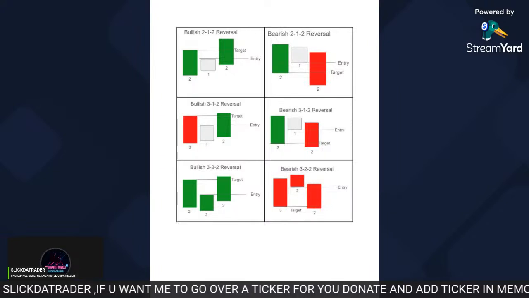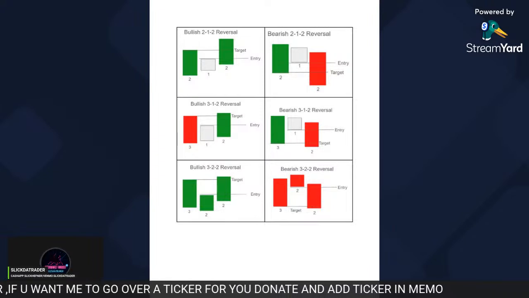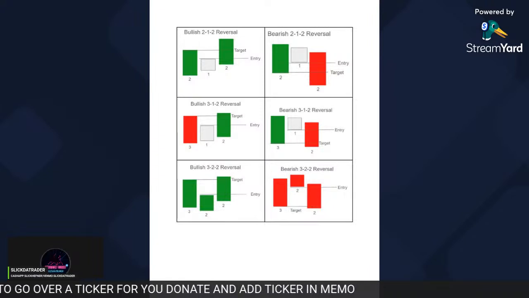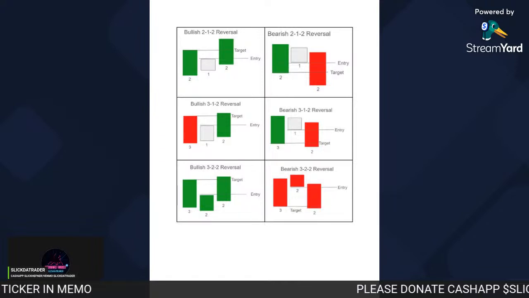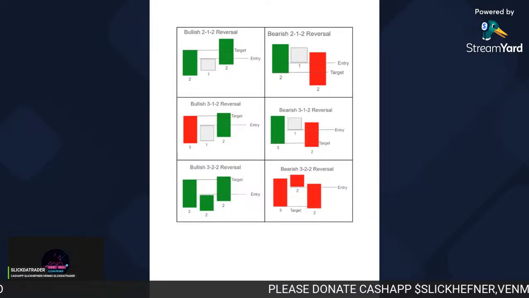As you can see on the bearish side, you got a 2, you get a 1, that would be an entry. Once it breaks over that, you take entry, boom, and your profit target is the bottom of that previous candle before that inside candle. That is how a 2-1-2 combo works.